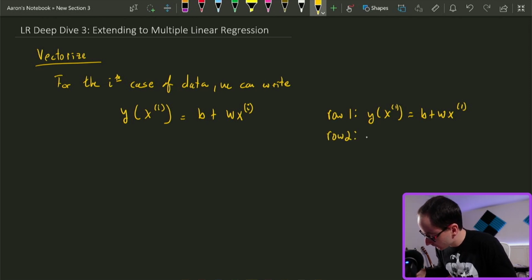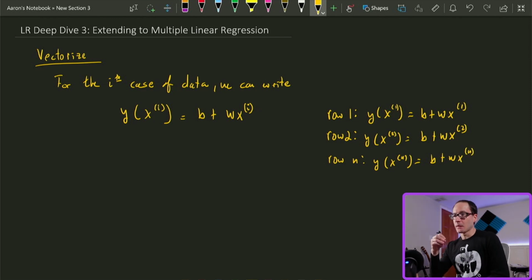So the second row, that would be y of x2, b plus wx2. And so in row n, if we have n pieces of data, y of xn equals b plus wxn. So that's what we're looking at for that.